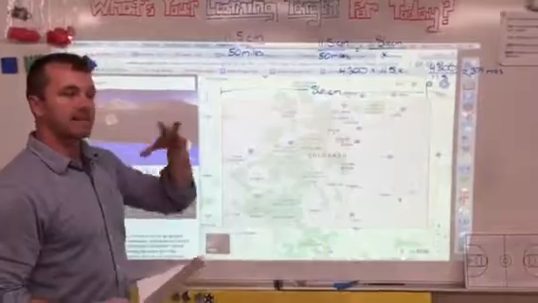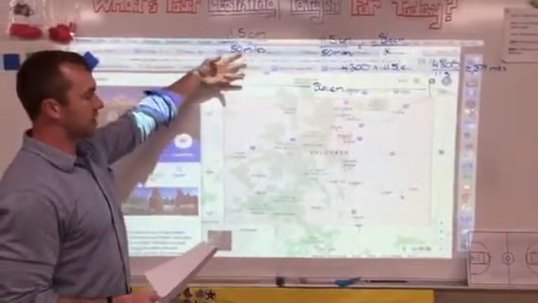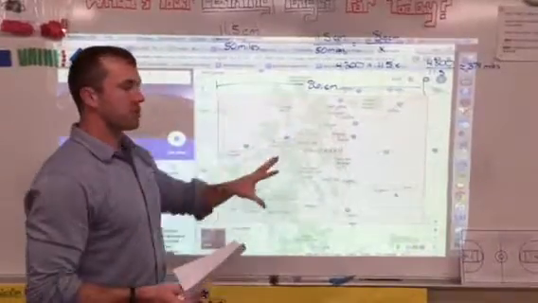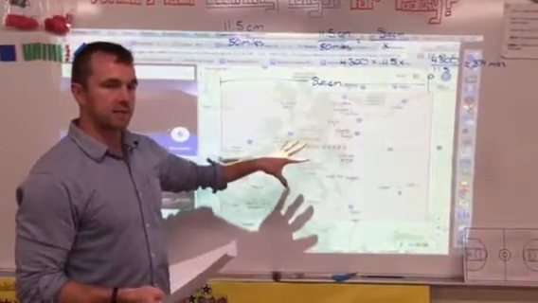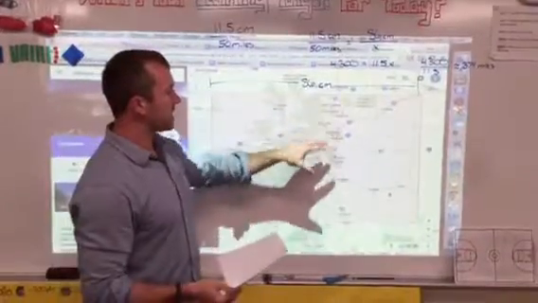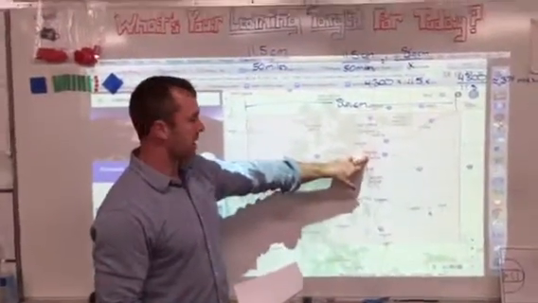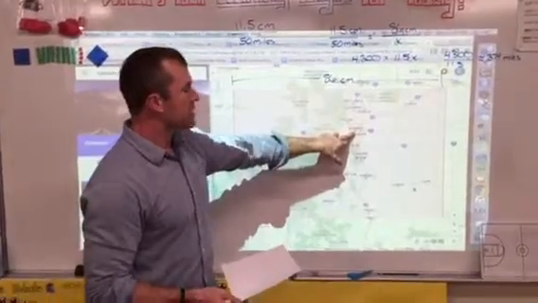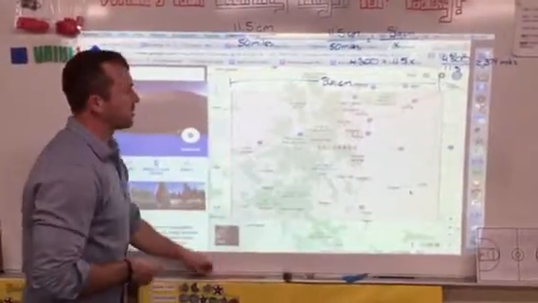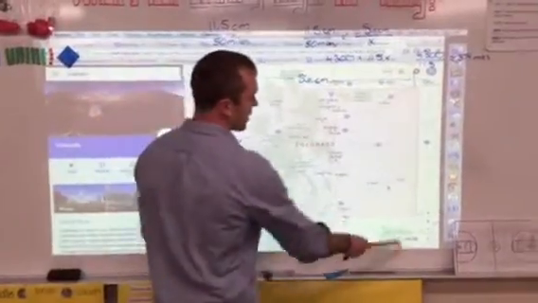Now, I just did one line there. You're going to have a few more lines and angles to do, but that's how you use the scale to do it. You're also going to need to be able to figure out some of the major cities within the state of Texas and place them on the map based on your scale. So, a major city in the state of Colorado is Denver, which is right here. All right? So I'm going to use my scale to figure out how far down that would be. So I go right here.